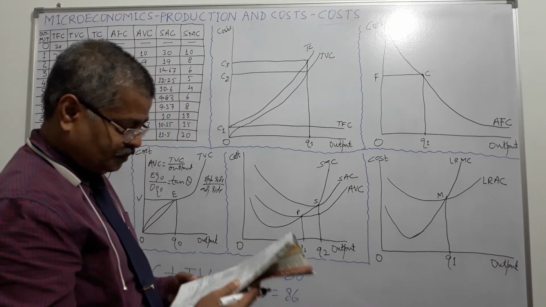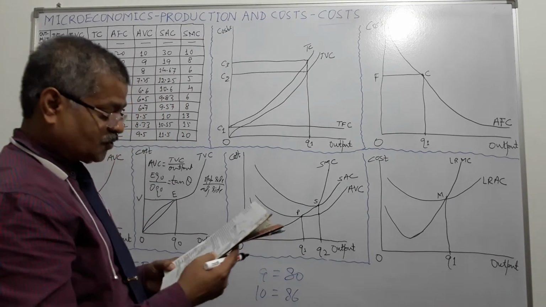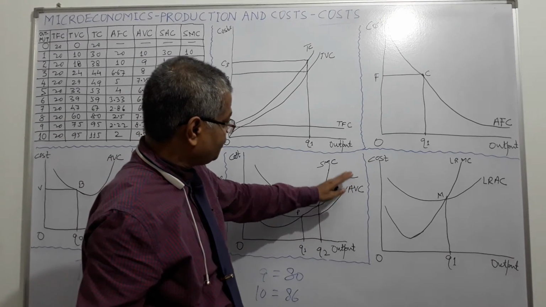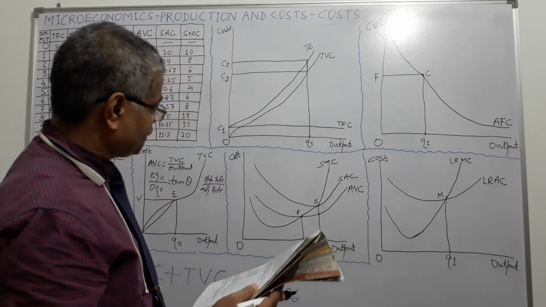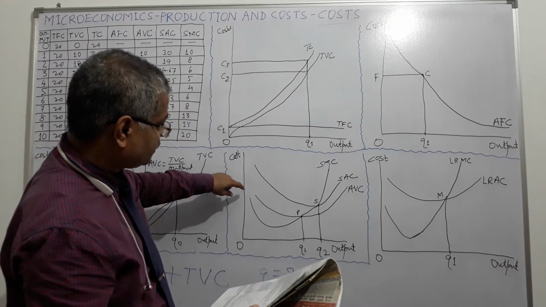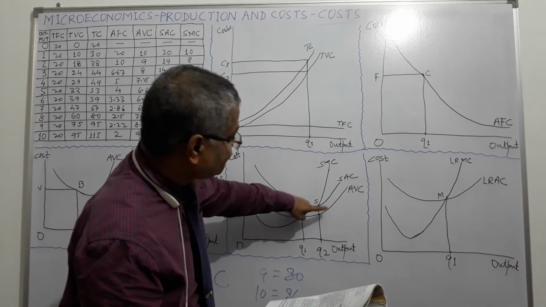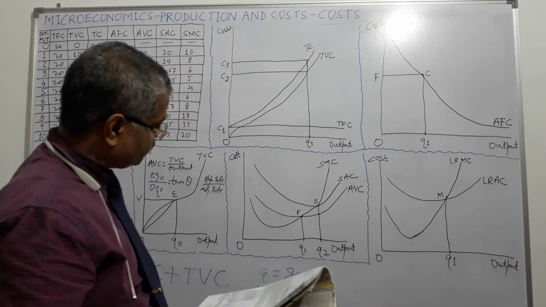Then we go to short run costs. Average variable cost, short run average cost, short run marginal cost. Here you will find that average variable cost is declining and after that it is going up.